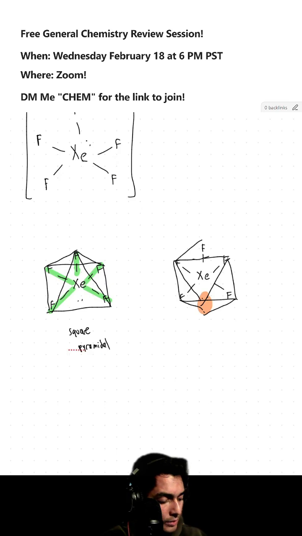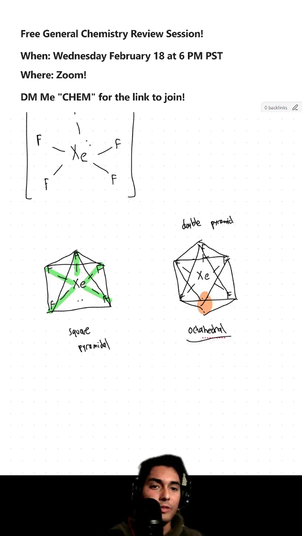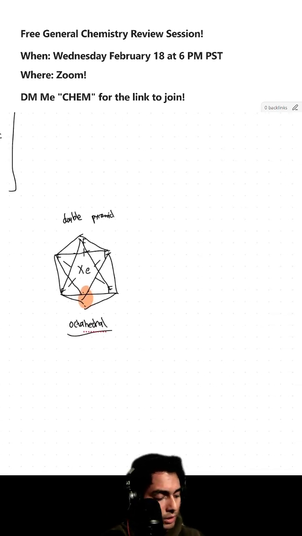My drawing is not the best here, but I kind of have a double pyramid. I think this one is a platonic solid. This is going to be called octahedral. Math fans, let me know if octahedral is a platonic solid. Not to be confused with tetrahedral, which looks like that.